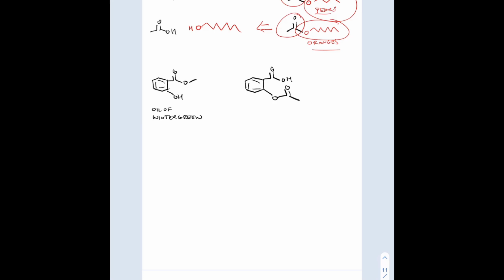You can see the ester on the top part was converted to a carboxylic acid, and then the bottom portion underwent an acylation. So this was actually a general chemistry experiment that I remember doing. I don't remember why I was in Gen Chem, but I loved doing it because I liked wintergreen, and then we made aspirin, and I thought that was awesome. Maybe that's what lured me a little bit more into chemistry.